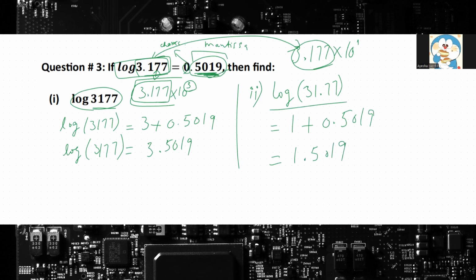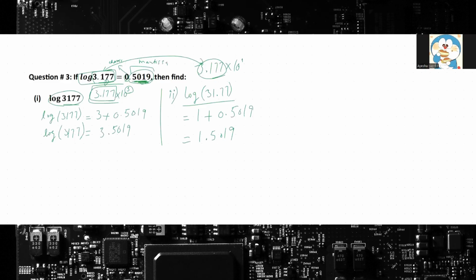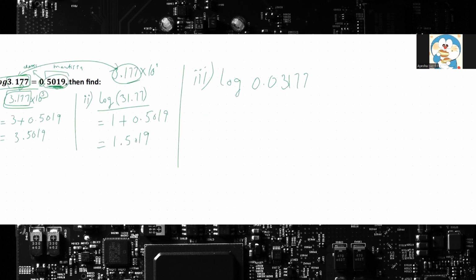And now let's see the third part of this question, which is to find out the log of 0.03177. First, I need to find out the characteristic of this number. So I'll write this number in scientific notation, and I can write it like this, 3.177, right? So I'll shift this point over here after 3. So the power of 10 would be -2.